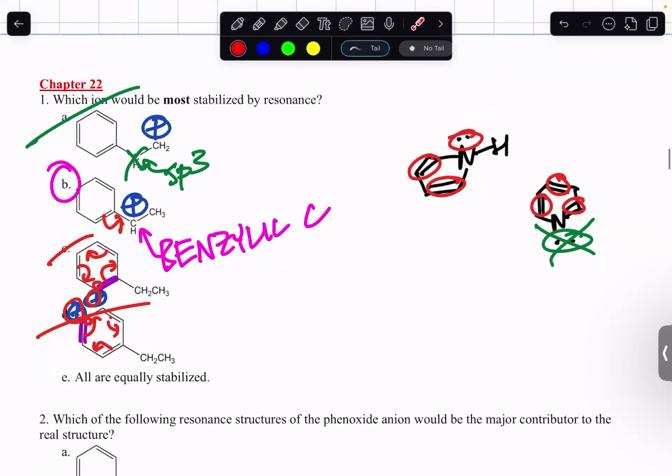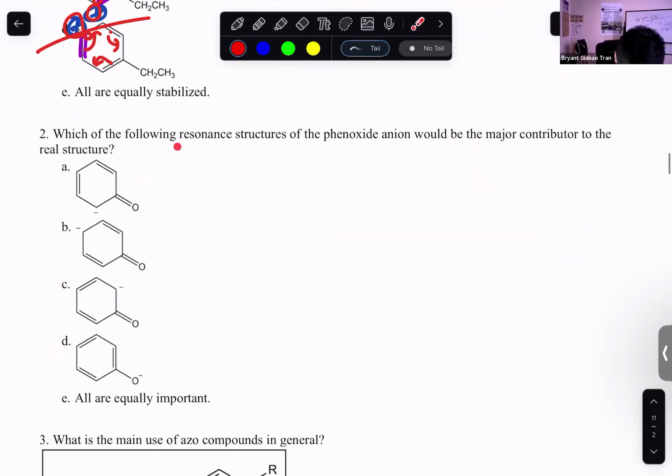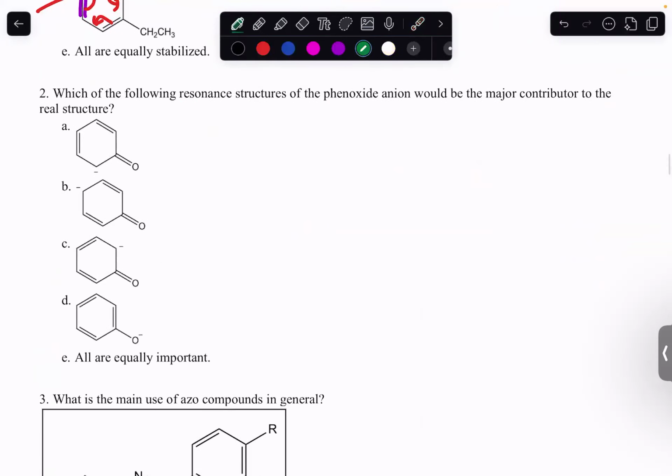Yeah. Okay. So for the next one, which of the following resonance structures of the phenoxide anion would be the major contributor to the real structure? Okay, what's your thought process on this one? I'm not sure what it's asking about, like the major contributor to the real structure?